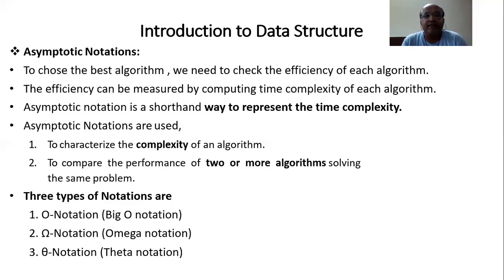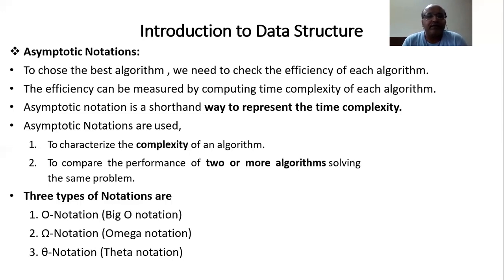As I said, this is ultimately the symbol that we use to represent a time complexity. This is one shortcut way to represent time complexity in the form of symbolic representation. So using this, we can represent the time complexity in the form of symbols.